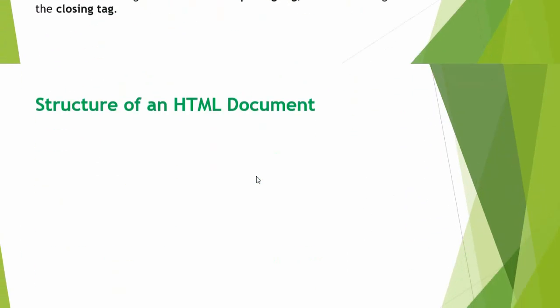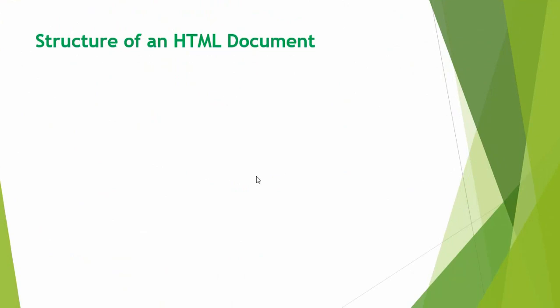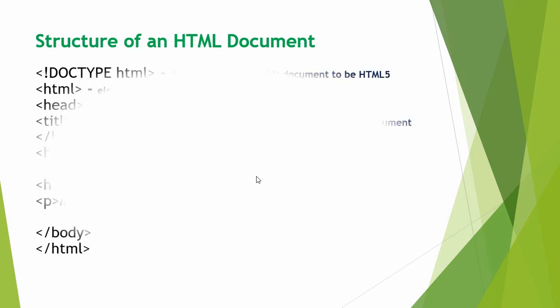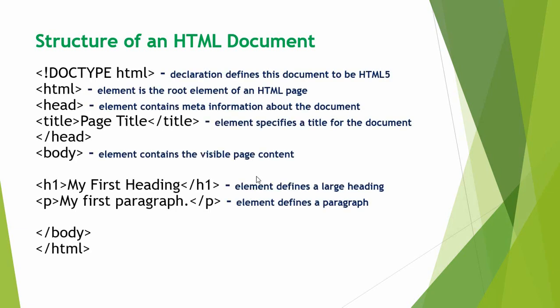Okay. Then structure of an HTML document. Here we are going to discuss the structure of an HTML document. There is a specific structure in an HTML document. Here you can see the basic structure of our HTML document. This DOCTYPE html means we define this document to be HTML5.